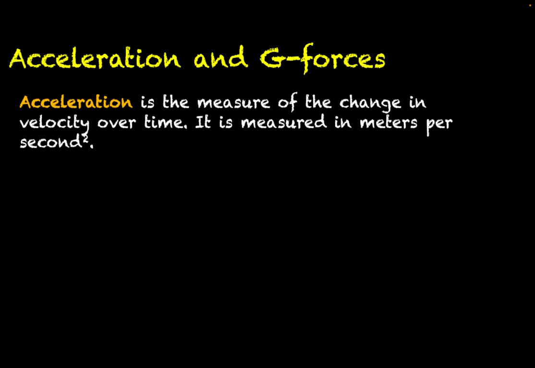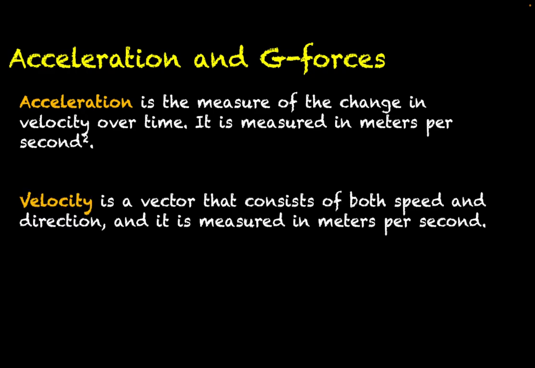Okay, so let's make a couple of definitions here. So, acceleration is the measure of the change in velocity over time. It is measured in units of meters per second squared. So, velocity is a vector component that consists of both speed and direction. You can talk about your speed. So, you can say you're going 60 miles an hour, or 100 miles an hour, or 200 miles an hour.